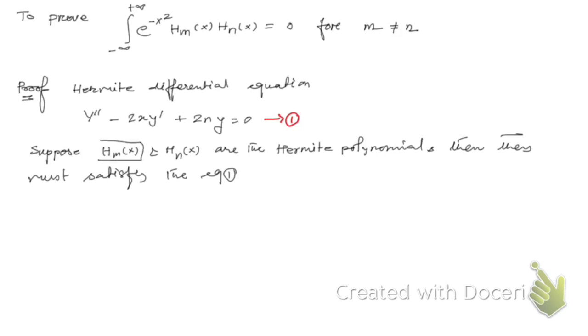For the first one, if you replace y by this polynomial, then what you're going to have is the second order derivative of Hm of x, then minus 2x, then first order derivative of Hm of x, then plus twice n into y replaced by Hm of x is equal to 0, right?